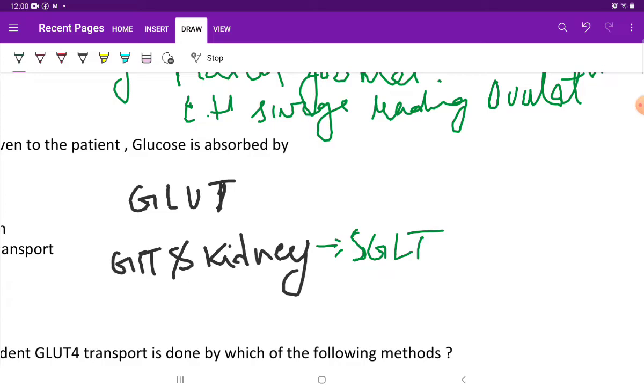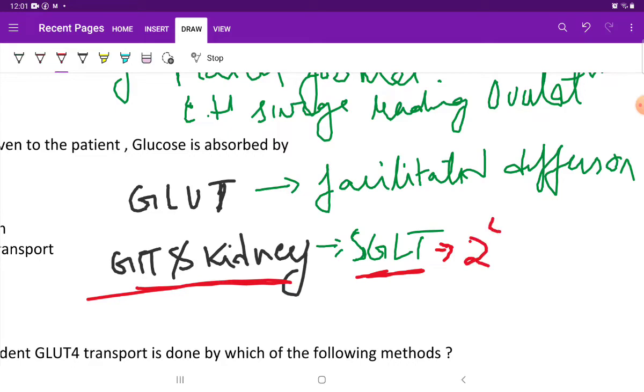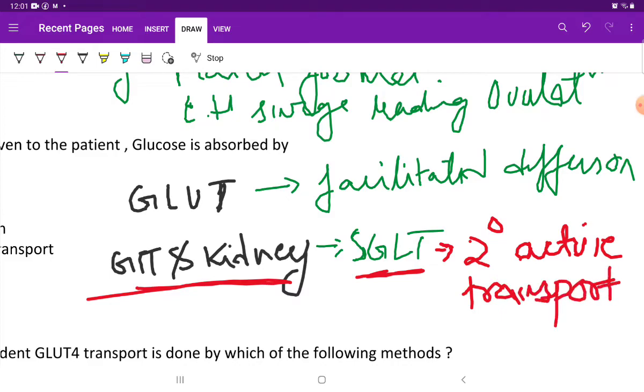When GLUT is the one, facilitated diffusion happens in other parts, but in case of GIT and kidney, the SGLT carrier is used, and here secondary active transport happens.